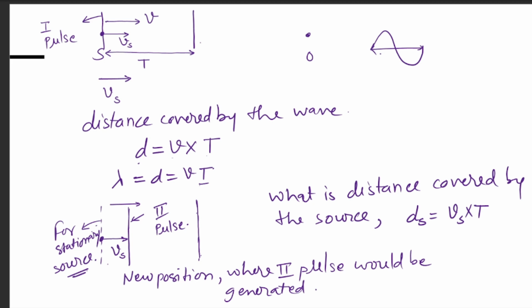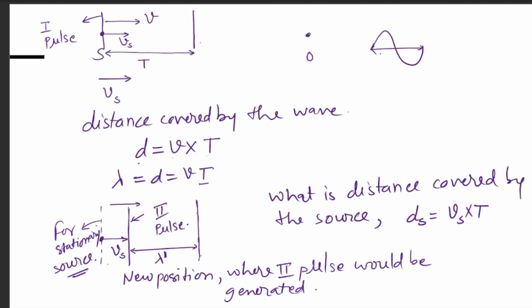And the moment the second pulse is generated, the distance between the two points will become the new wavelength, which we will later call the observed wavelength, lambda dash. Let me go to the next slide, and there we will discuss.